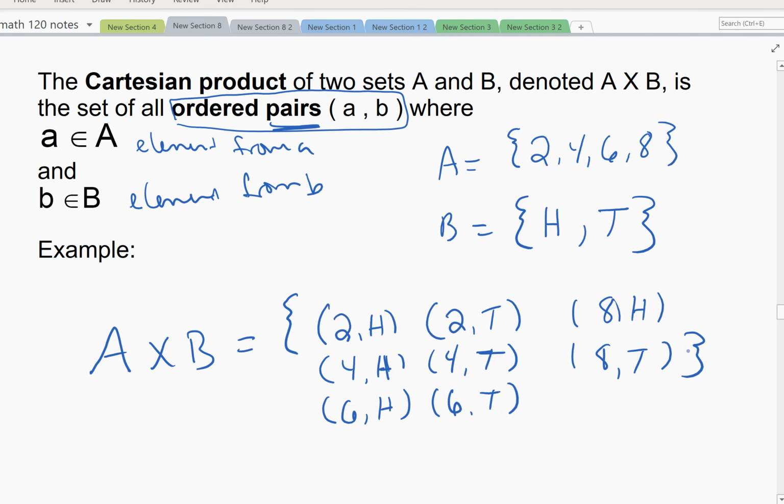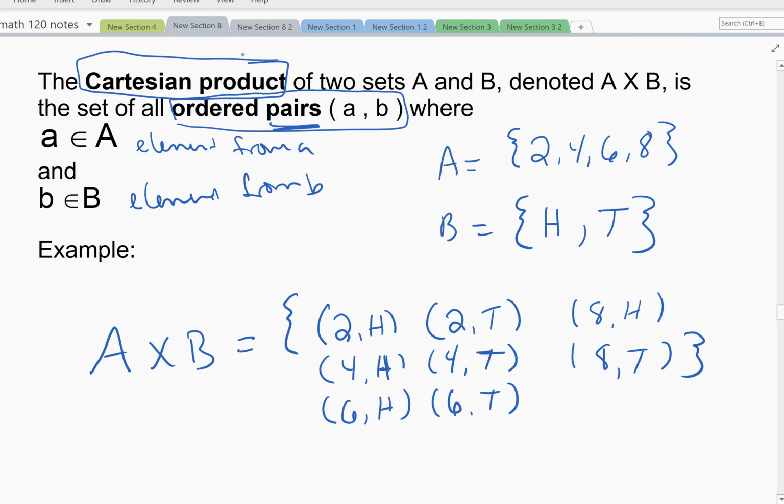And there is my Cartesian product. There are all the possible outcomes if I pair set A with set B. I get a whole new set with my outcomes being a 2 and heads, a 2 and tails, a 4 and heads, a 4 and tails, a 6 and heads, a 6 and tails, an 8 and heads, and an 8 and tails. And if you count them, there are 8 outcomes, which is where its name comes from.